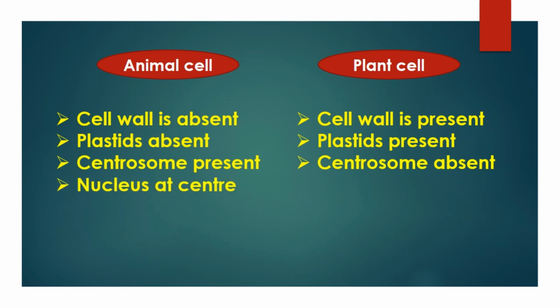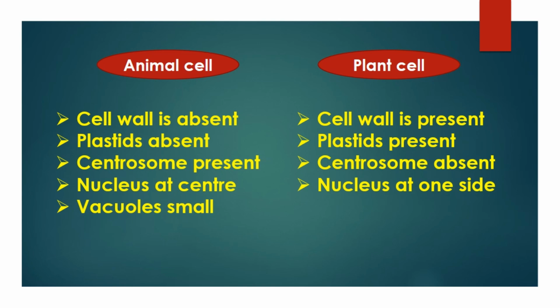In animal cells, nucleus is found at the center, while in plant cell, nucleus can be found towards one side. In animal cells, the vacuoles are small, whereas in plant cells, large vacuole is present. All these are differences between animal cell and plant cell.